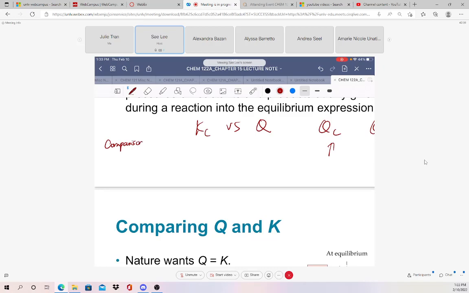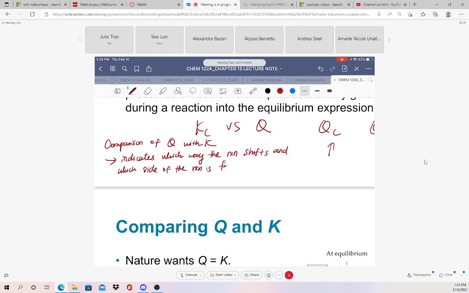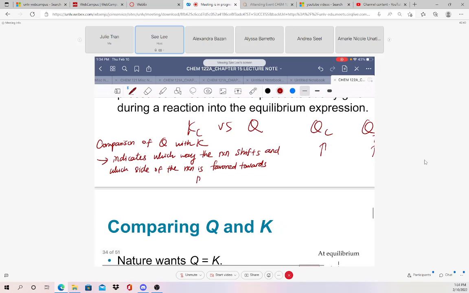Comparison of Q with K indicates which direction the reaction shifts, and which side of the reaction is favored towards dynamic equilibrium.